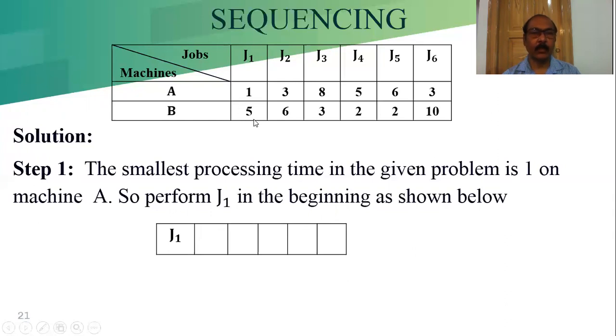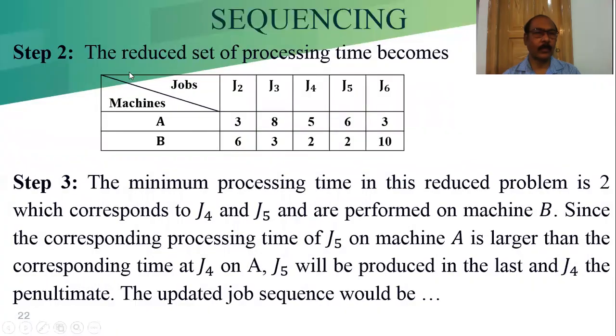Now, as soon as J1 is selected, we have to remove J1 from the table, reducing our time scheduling. That is step 2. In the reduced set of processing times, J1 is gone. Now we are left with J2, J3, J4, J5, and J6.